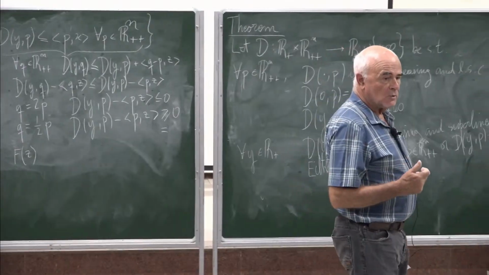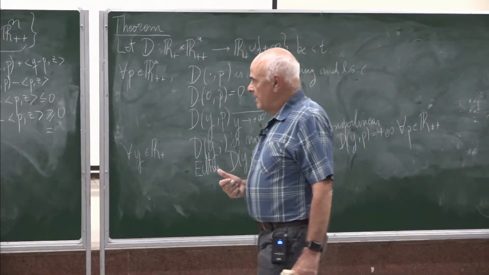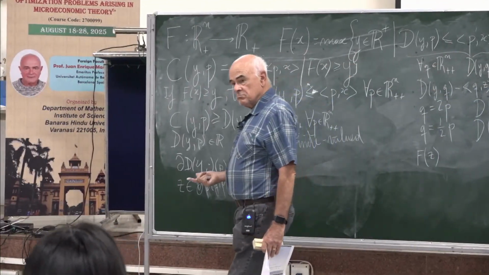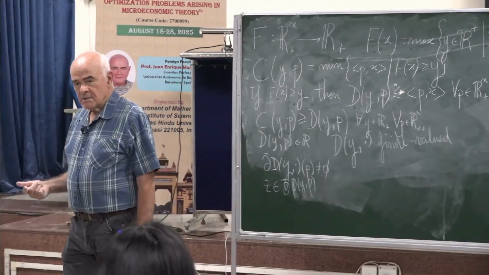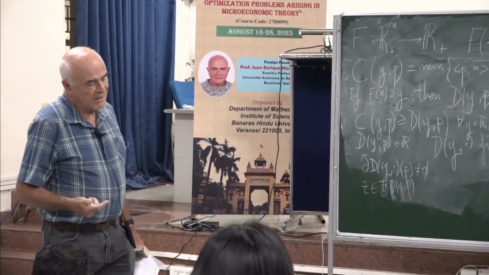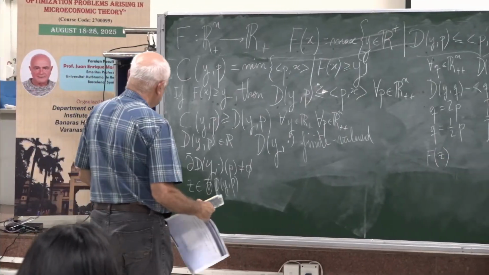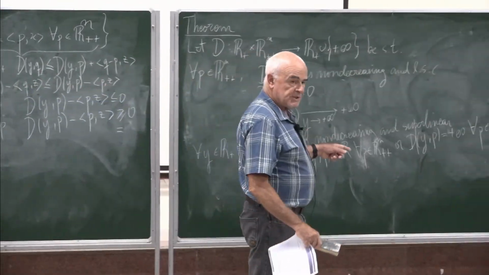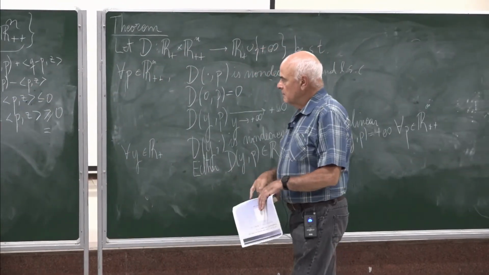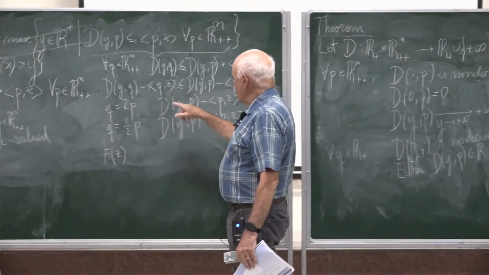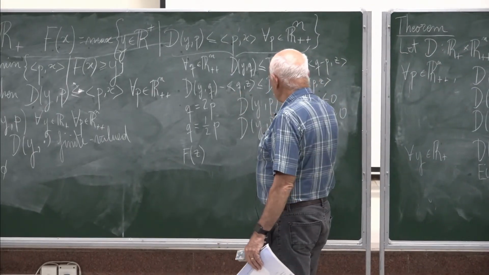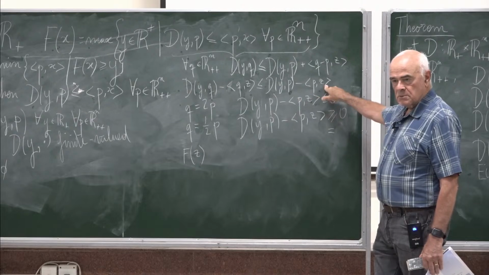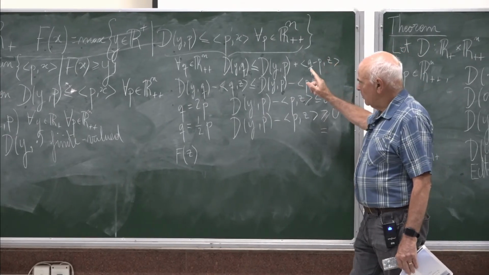F is defined only on the non-negative orthant, and z appeared as a supergradient. I know nothing about the signs of the components, but in fact I know, because d as a function of p is non-decreasing. In other words, if you look at this expression, in fact we already know that the right-hand side is equal to 0. Okay, but this is not a problem.